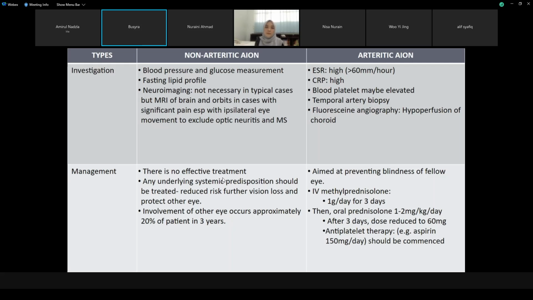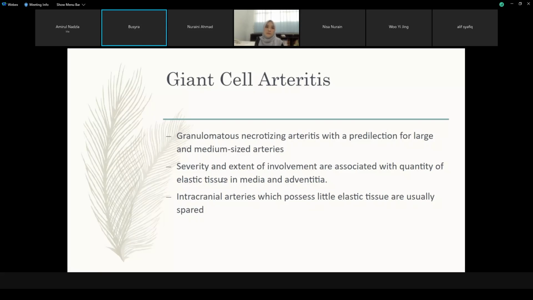Okay, next. Next is giant cell arteritis, as mentioned just now. It is a granulomatous necrotizing arteritis that usually affects the large and also medium-sized arteries, often the major aortic branches and also the superficial temporal artery. It also involves the ophthalmic, posterior ciliary, and also proximal vertebral arteries.